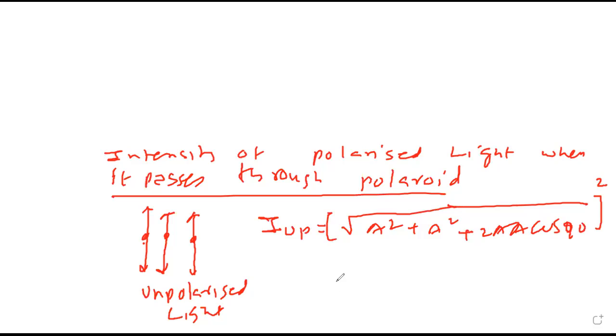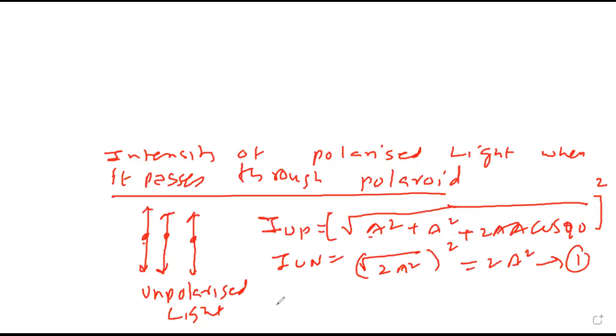Intensity is the square of amplitude, and the resultant amplitude is the vector sum, a square plus 2a·a·cos 90. The cos 90 term becomes 0, so the intensity is 2a square. This one clear?